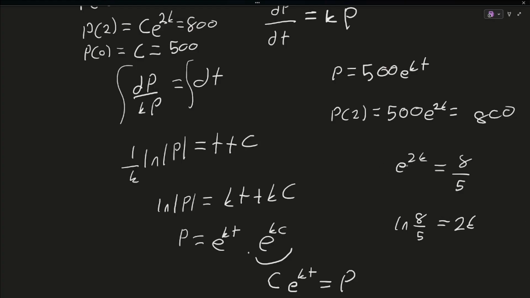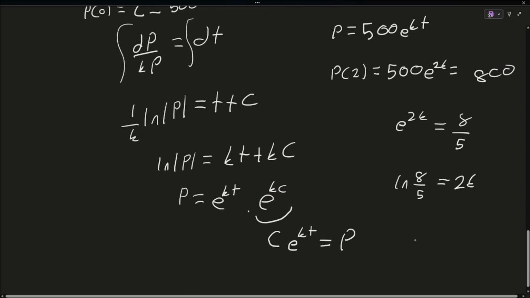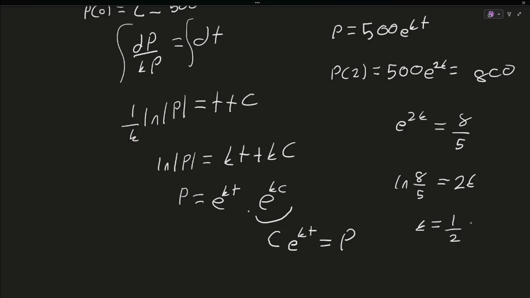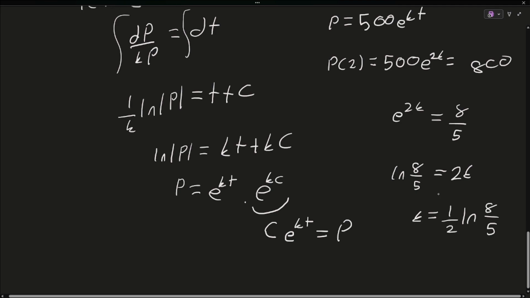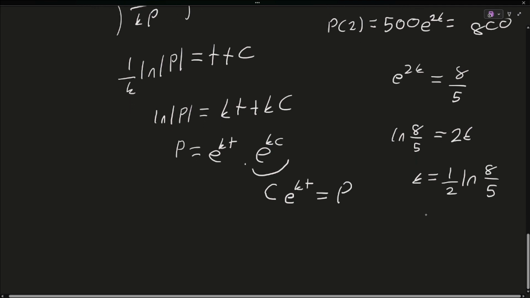Okay, I just took the logarithm of both sides, and dividing that by 2, we will have k equals 1/2 ln of 8 over 5, just like this. And if you want, we can carry this 1 over 2 to the top, and k will be equal to ln of 8 over 5, and this will be to the 1/2 power.